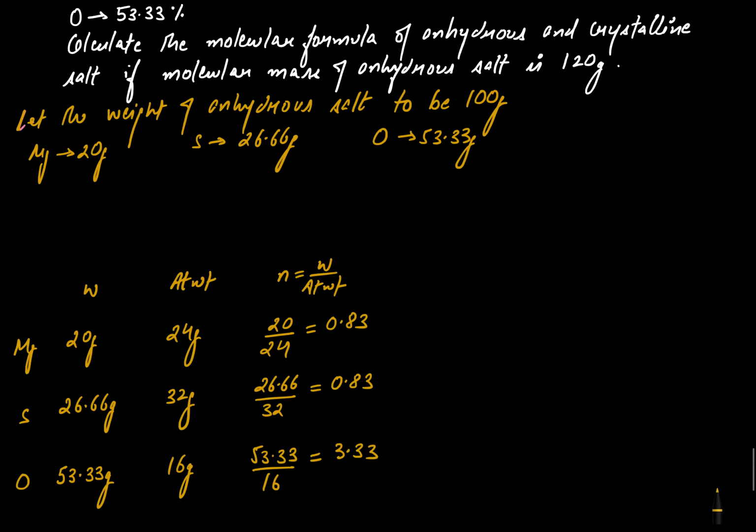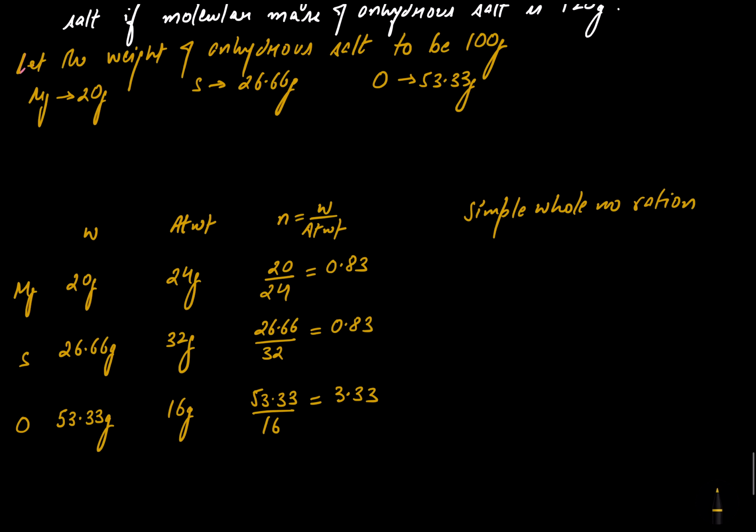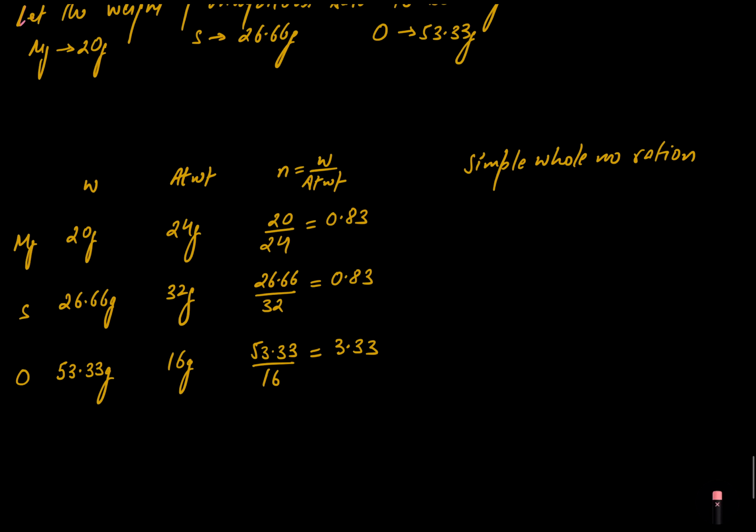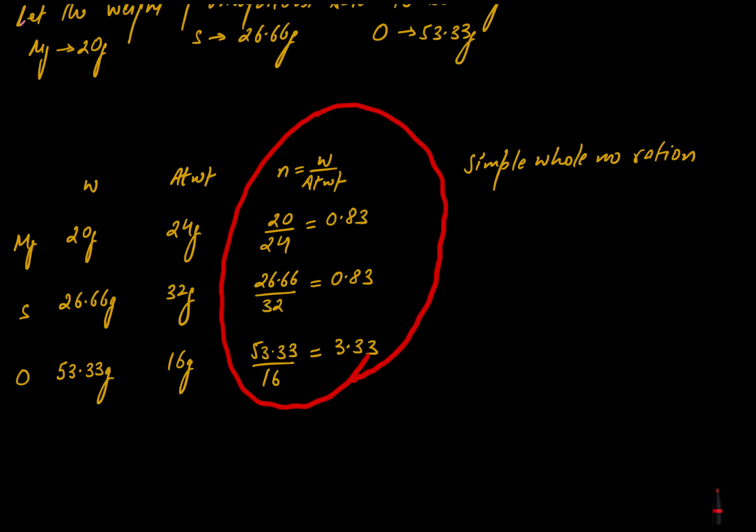Now let's talk about the simple whole number ratio. Again, my dear students, go through all values of number of moles and find the lowest one. The lowest one is obviously 0.83.